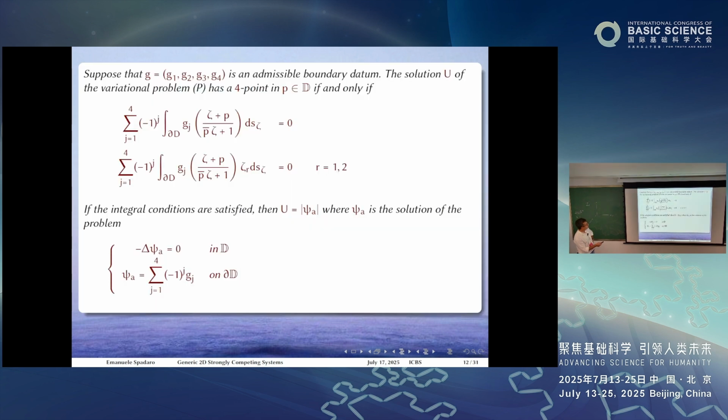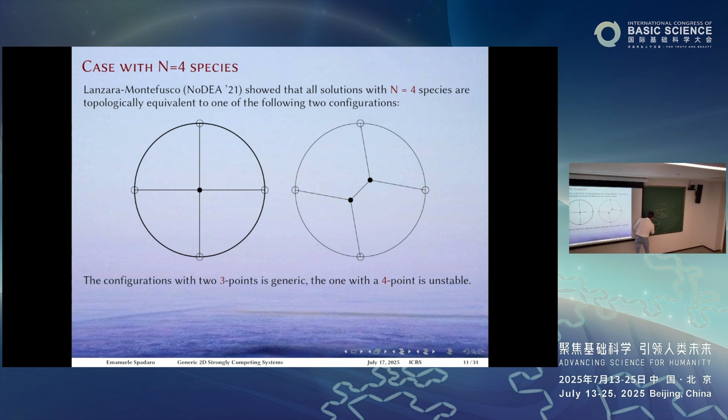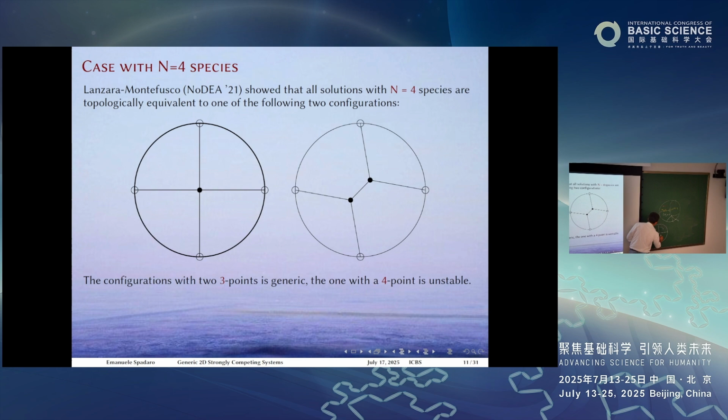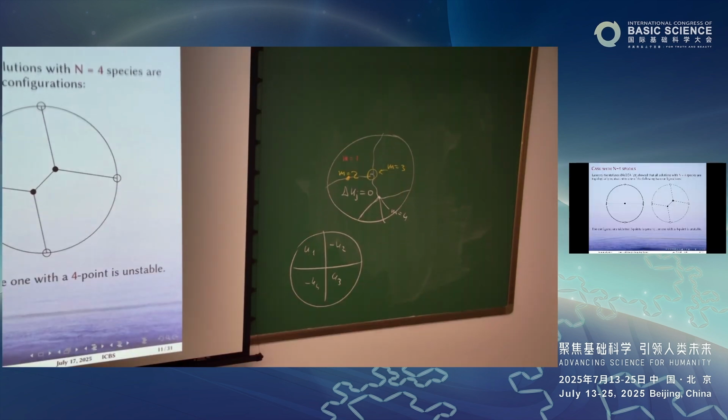And the condition to have a 4 point here is that your boundary value should satisfy 3 integral equations, which are related to this observation: if you change the sign of your density, so here you put plus minus the density, so instead of looking at your solution, you invert 2 signs, say u1 minus u2, u3 minus u4, this function now is a harmonic function.